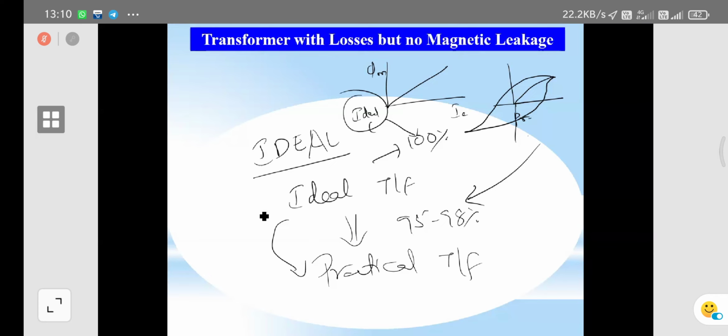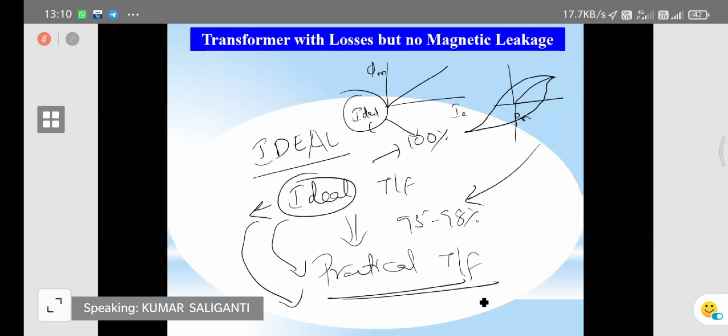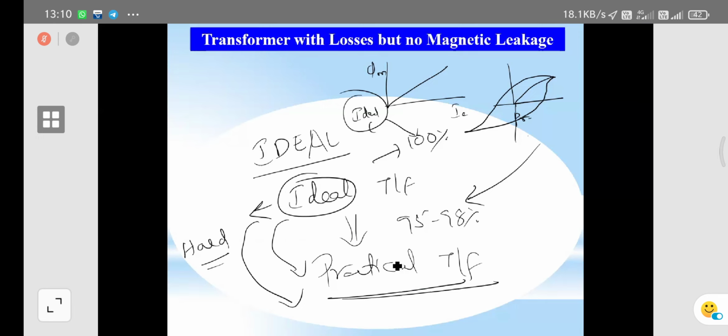Suppose you are preparing for external examinations: ideally you want 90%, but in practice you may get only 80% because your effort is not fulfilled.